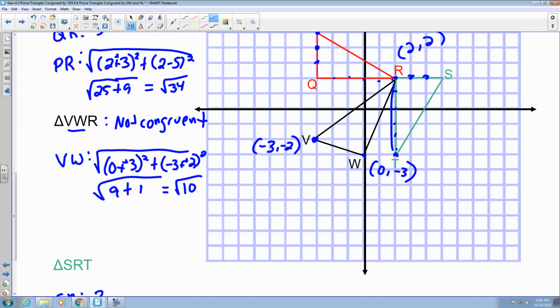Point T is at 2 comma negative 3, and S is at 5 comma 2, it appears.